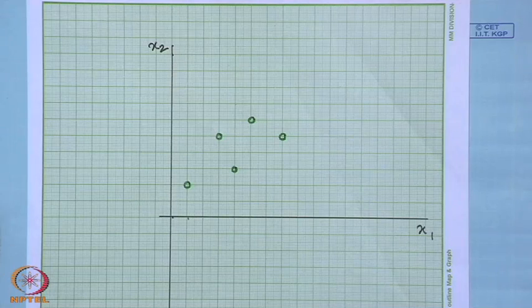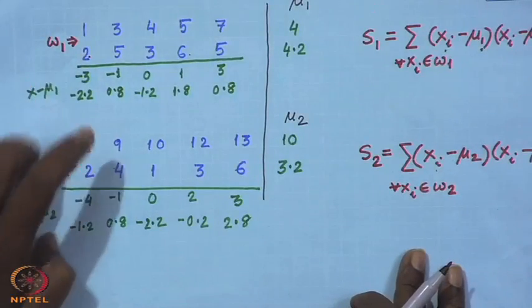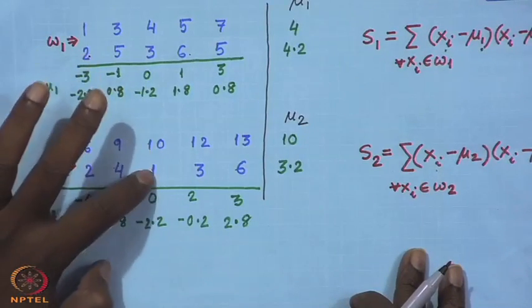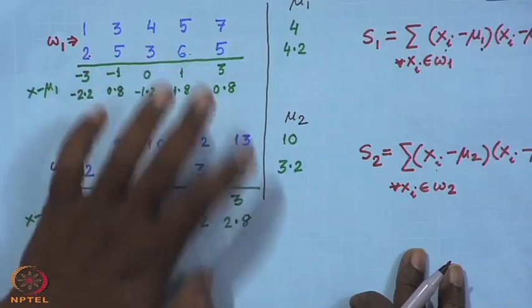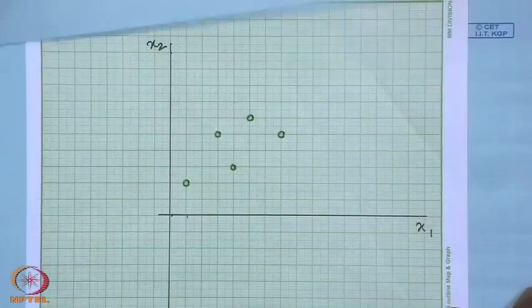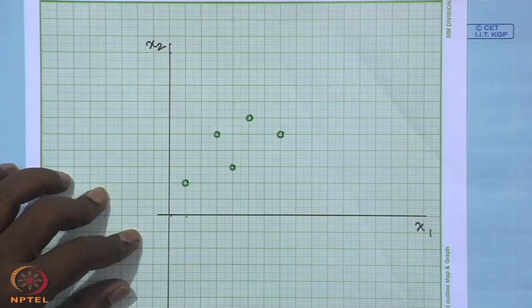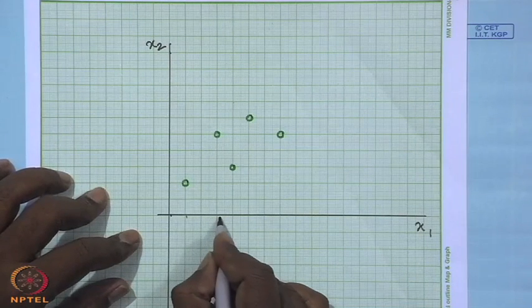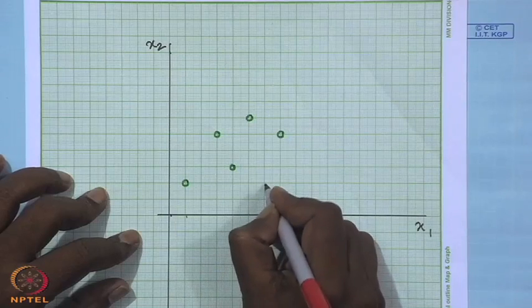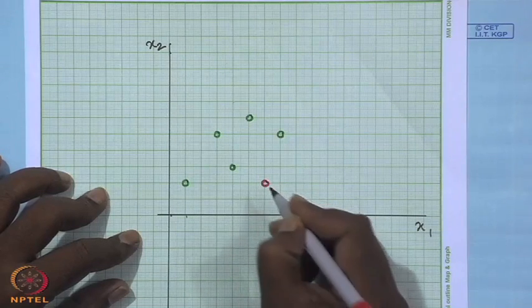Similarly, if I take the vectors from class omega 2, which are (6, 2), (9, 4), (10, 1), (12, 3) and (13, 6). So, I will take (6, 2), it is over here.